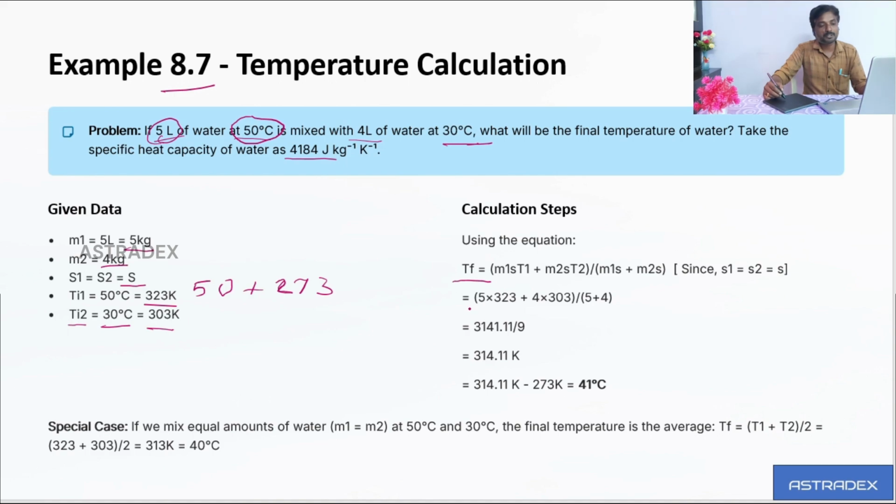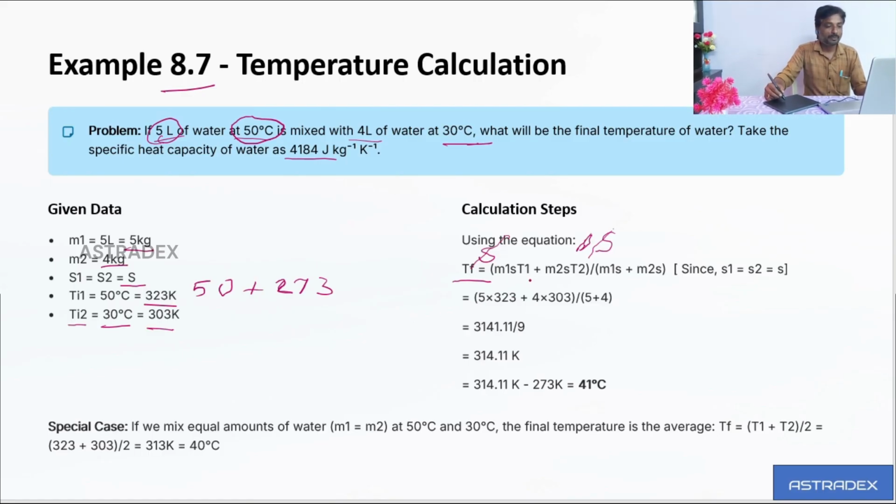The next step is to substitute the given data in this equation. S is a common term in the numerator and also in the denominator, so S will be cancelled out. In the remaining terms, you have to substitute.